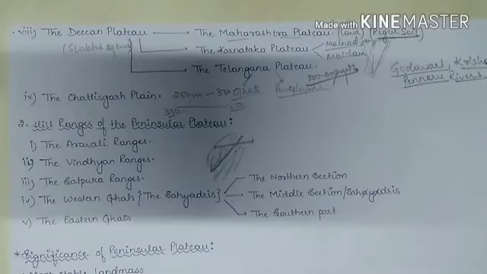Here in Delhi to Ajmer, it is categorized by a chain of detached and discontinuous ridges. But as we go towards the south of Ajmer, this range becomes continuous, and it rises to the height of 900 meters.